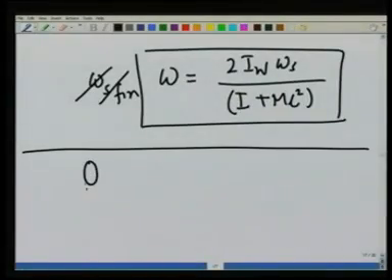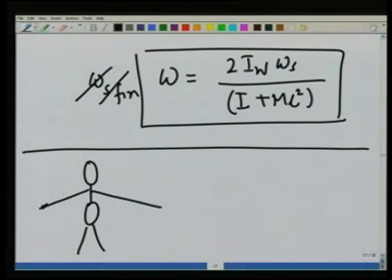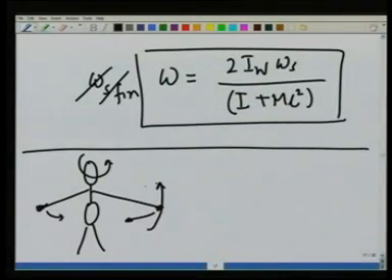Let me also try to understand, when I took this demonstration of having two masses far out and pulled them in, why did I start rotating faster? Can I understand this in terms of Newton's laws? Certainly yes. When the hands are stretched out, they are moving with a speed, let us say omega L. As I bring my arms in, the speed goes down because the distance from the axis of rotation has gone down.